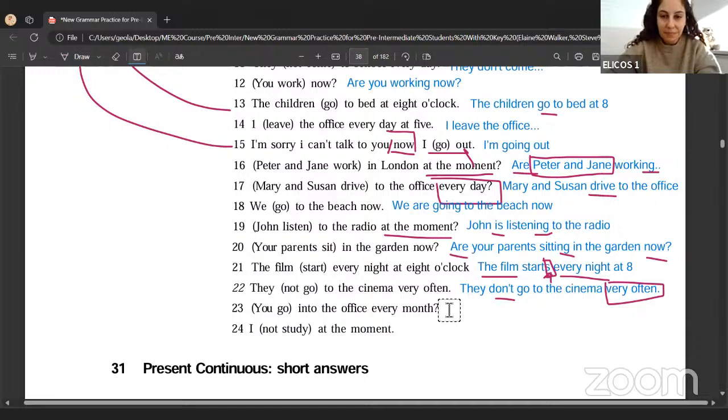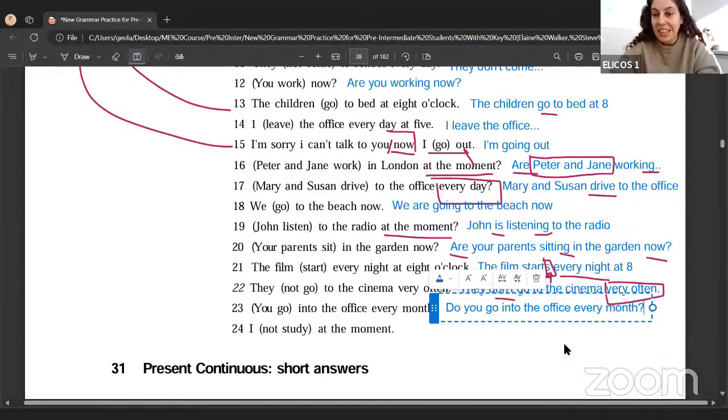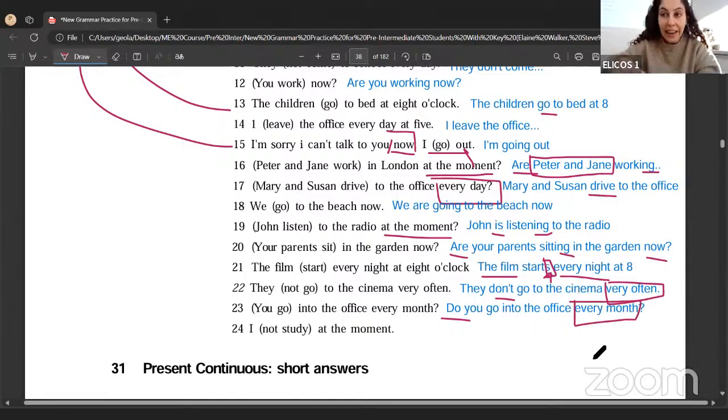23. Are you go into the office every month? It's got the word every, so that's routine. So do you go into the office every month? Simple. So you've got to use your simple question, your simple tense, present simple, because I'm talking about your routine every month, not now or at the moment, but every month.